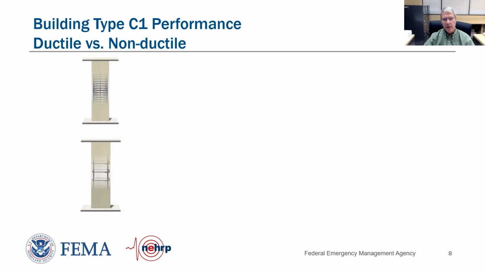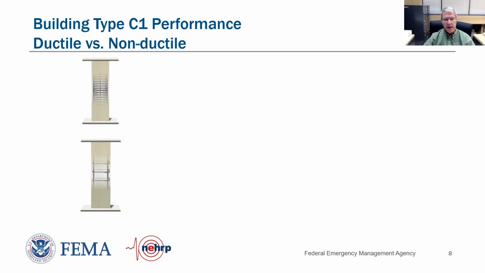Well, for concrete C1 moment frame buildings, non-ductile concrete frames, which generally are roughly 1980s and older, can be considered non-ductile. They don't have as much steel in the columns, and so we don't get the benefit of that in terms of good ductility.